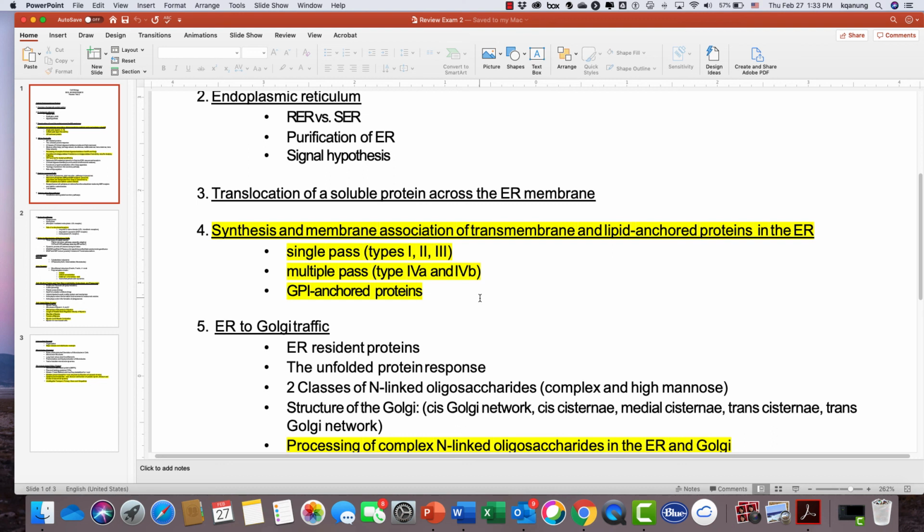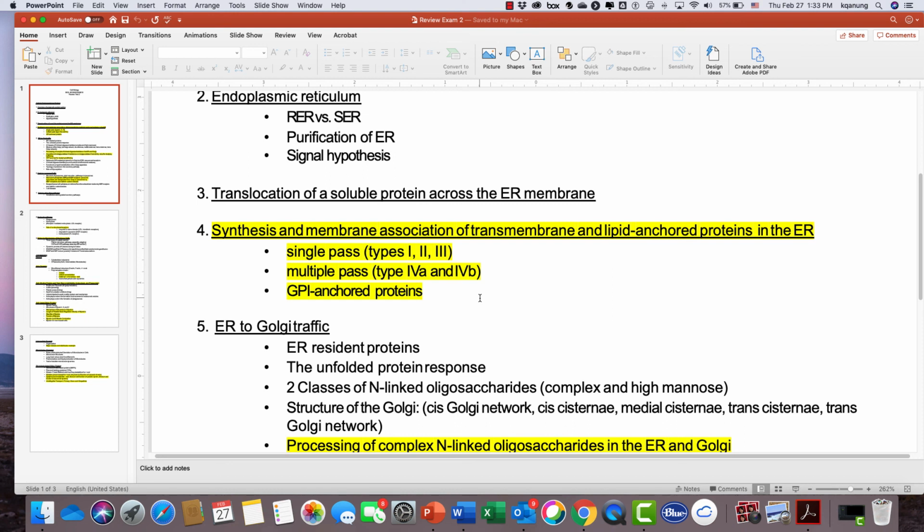Remember, again I'm repeating, if you do not have a signal sequence at the N terminal, then until the first SA sequence or the STA sequence appears, the synthesis still goes on in the cytosol.